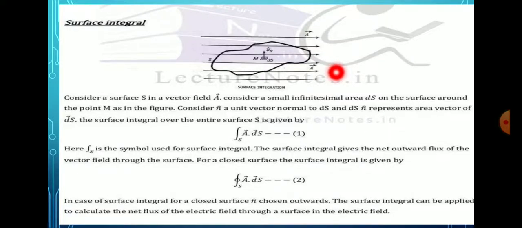Let us consider the surface S in a vector field A bar.